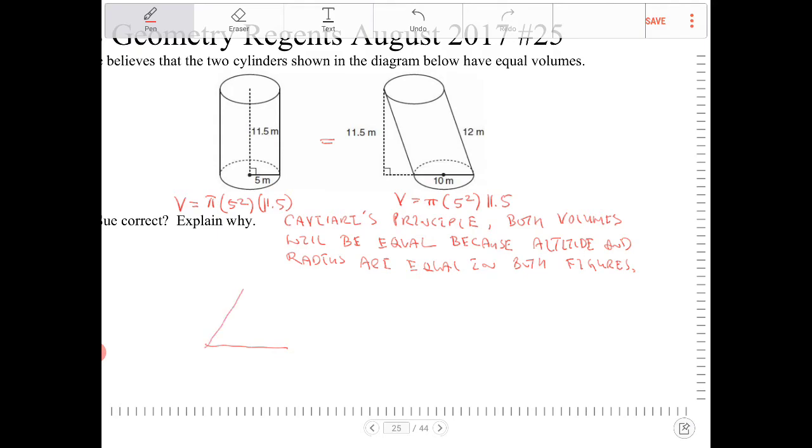Let's say I have two triangles. Let's say I call this base B, and I call the altitude of this one H. So that's a scalene triangle versus an obtuse triangle, where it has the same length base, but the altitude is outside of the triangle here.